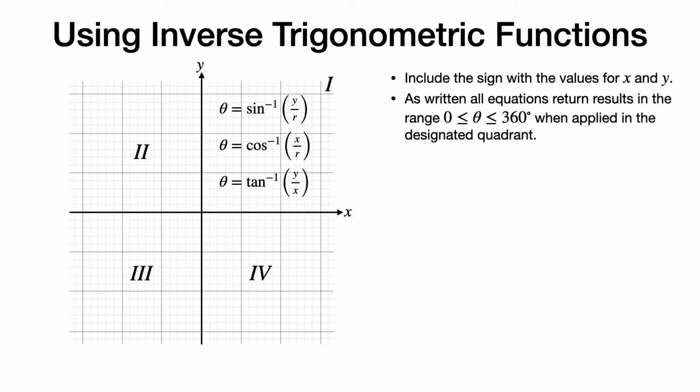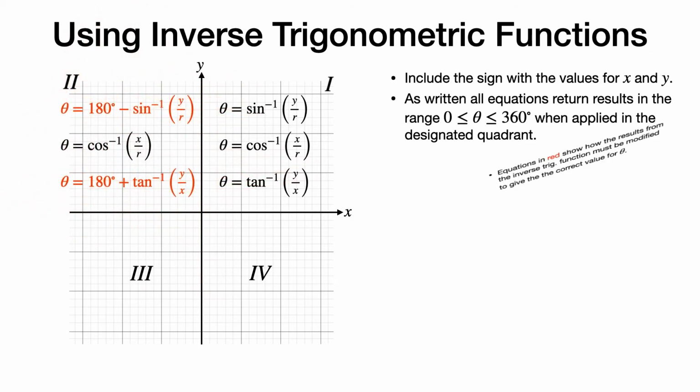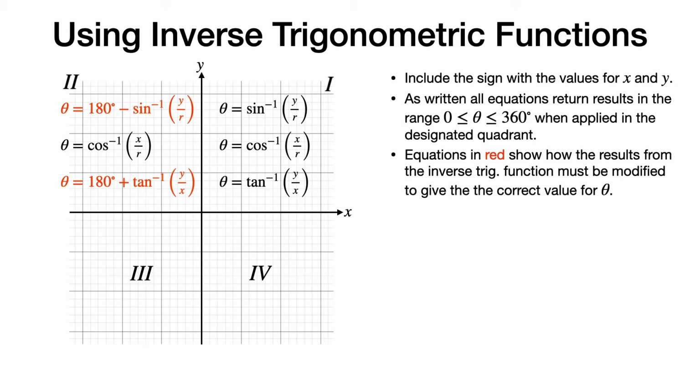Now, we're going to write everything down in such a way that the answers we get are between 0 and 360 degrees. If we go to the second quadrant, of course, the x-coordinate is now negative. And if we plug the quantities x and y into our inverse trigonometric functions and simply take the result that comes out, it's not always going to be the right answer.